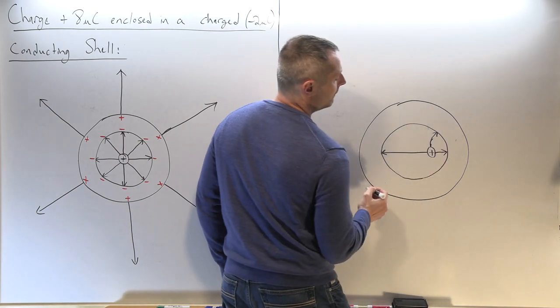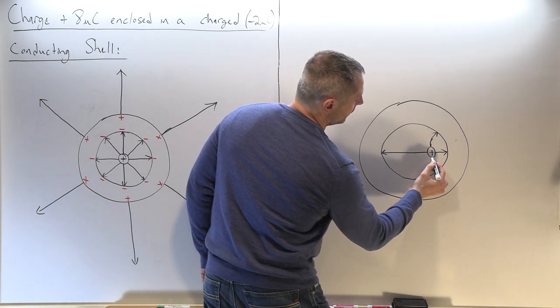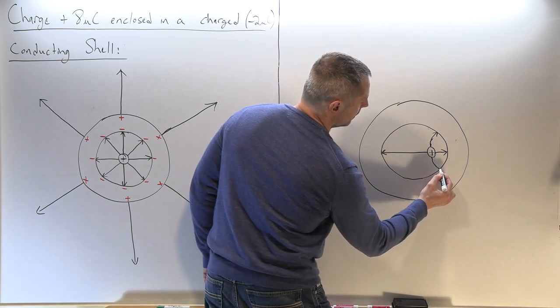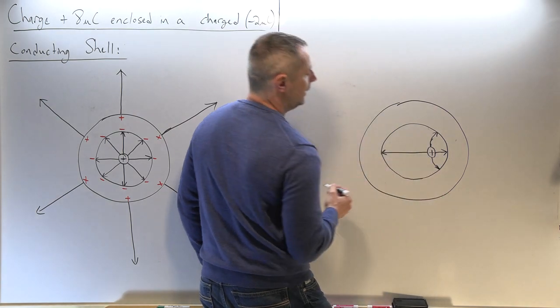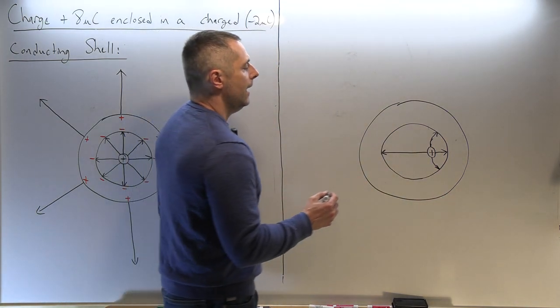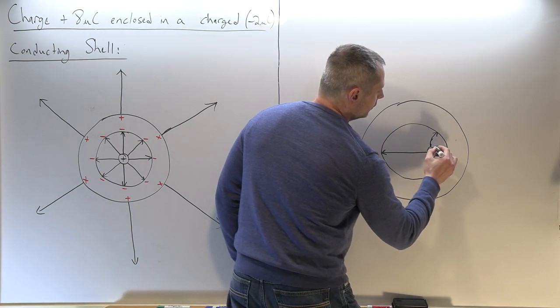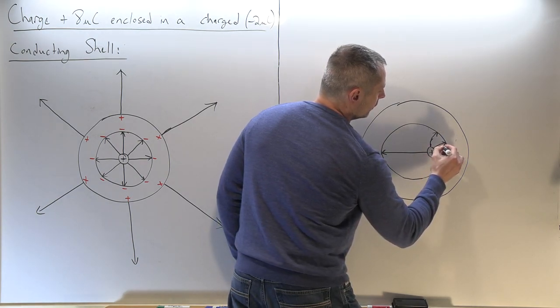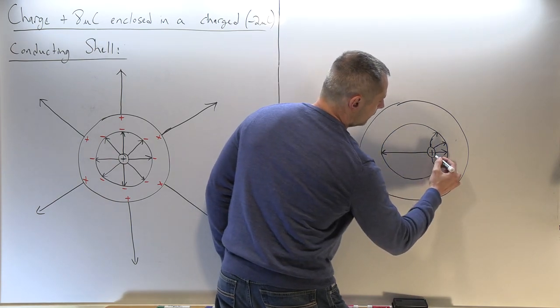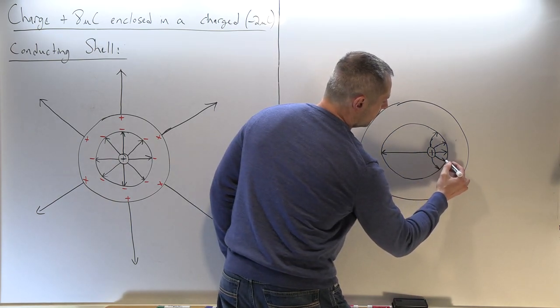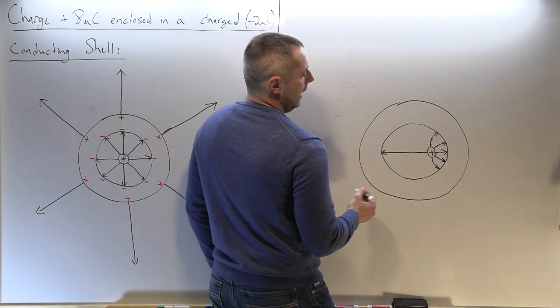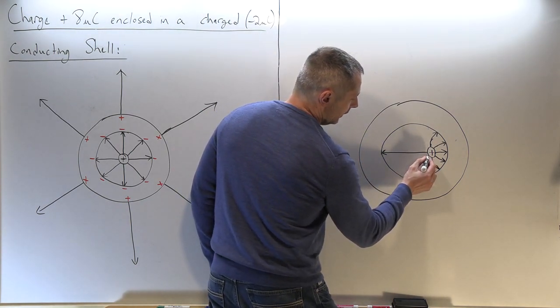Maybe something like that. And the same with this one. I've got to curve it so that it strikes at a 90 degree angle. And if I make a field line come out of here, it also has to curve to strike that surface at a 90 degree angle. And these two also have to, they can't go straight out.